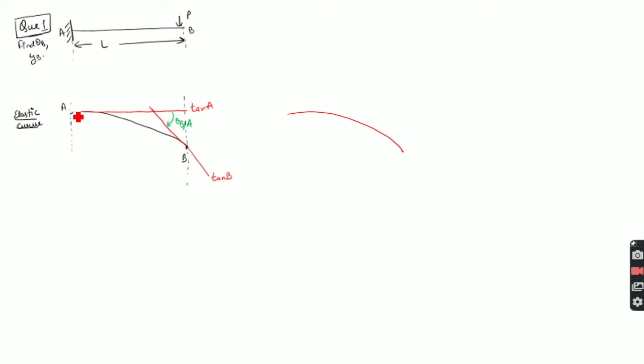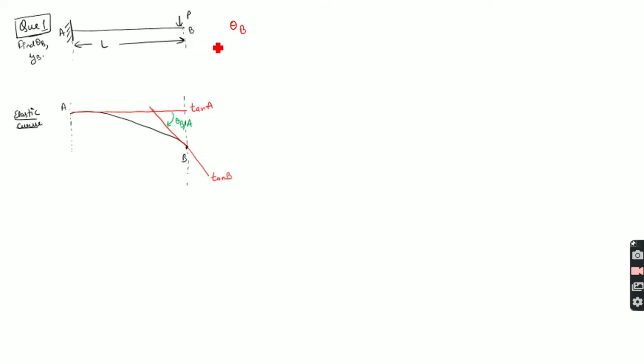Now what I do is I take any 2 points A and B, right? I have taken this first point A and this second point B, which is the free end. Why I have taken these 2 points, there is a reason for this. We want to find out theta B, right?